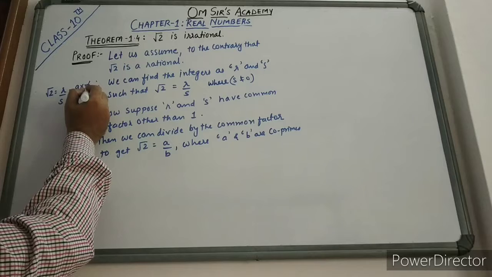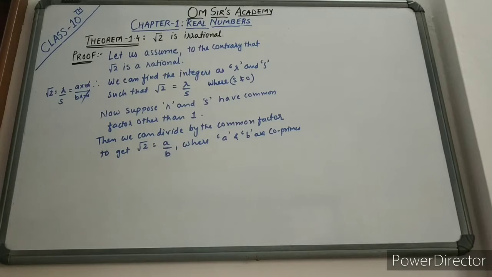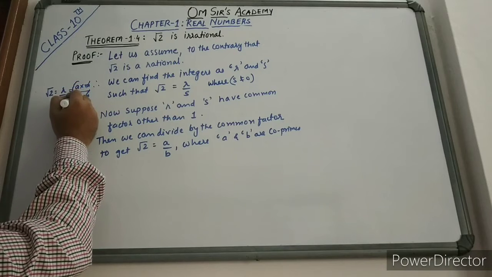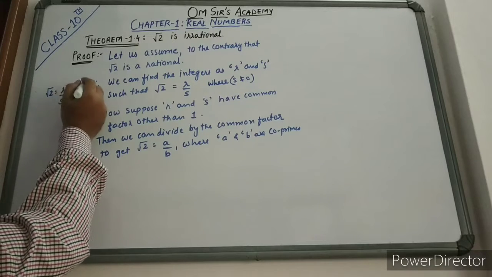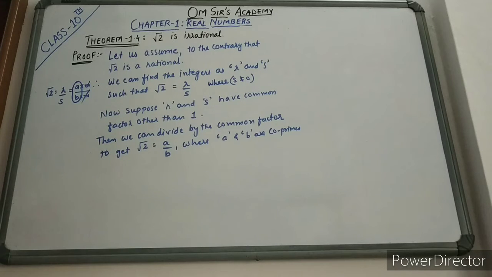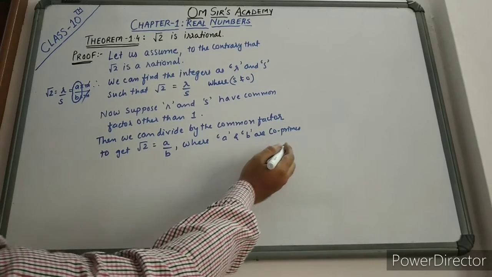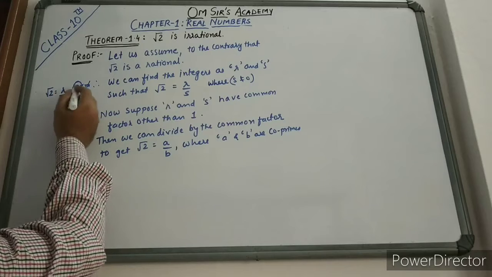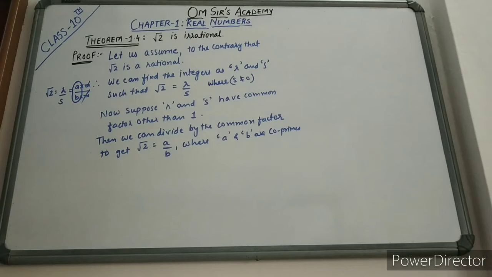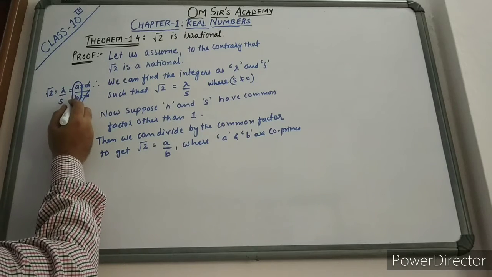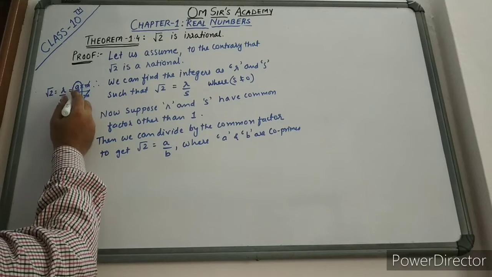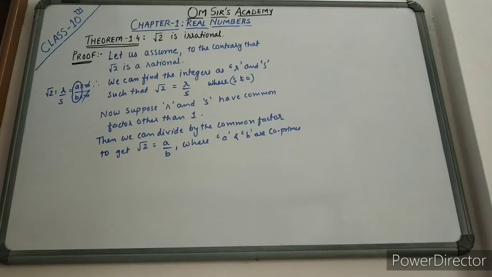If we divide by the common factor, the common factor gets divided out. Then what will remain? A upon B will remain, where A and B will be co-primes, which means further division will not be possible over here. A and B will be co-prime numbers. That means they would not have anything common other than 1.